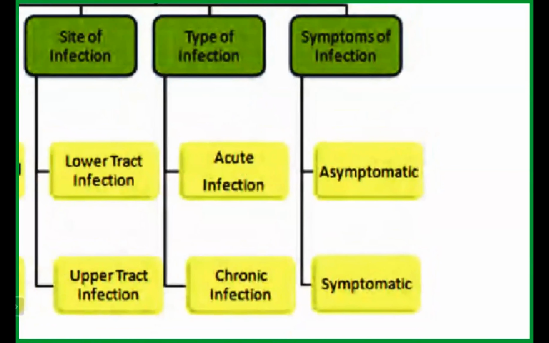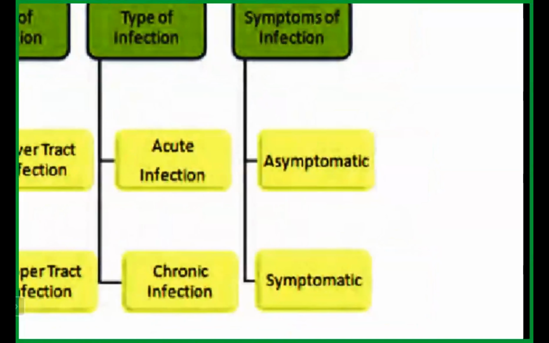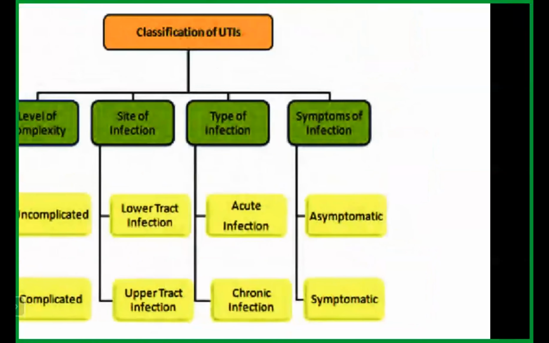There is one other classification that we don't have here, which is to see if it is a recidive infection or a resistance infection. And based on the symptoms, we have asymptomatic and symptomatic, which we see in the next chapter.